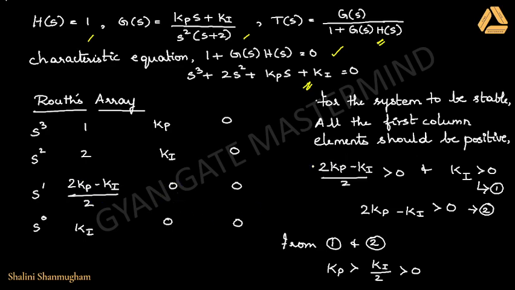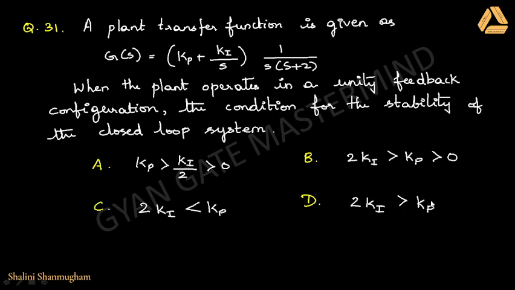The first column elements should be positive, so this term should be positive and also this term should be positive. So (2Kp - Ki)/2 is greater than 0, and also Ki is greater than 0. Simplifying, you will get Kp is greater than Ki/2, which is greater than 0. Hence the answer is A1.